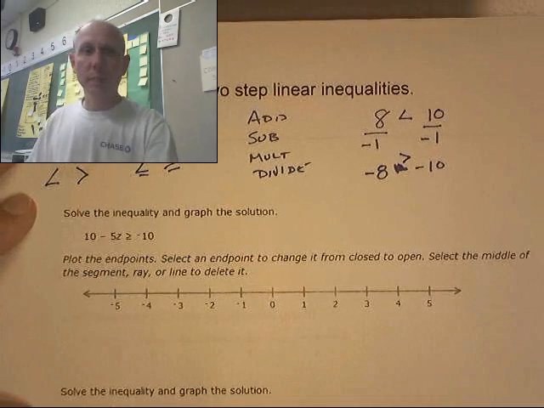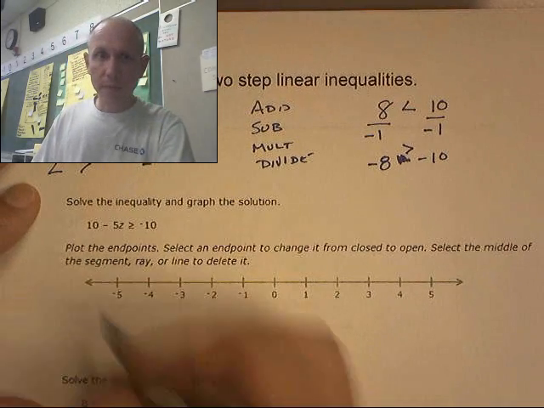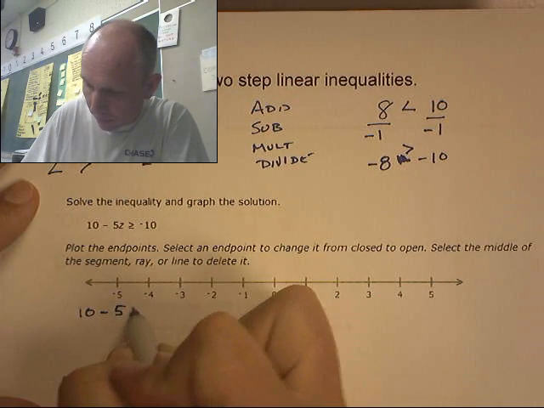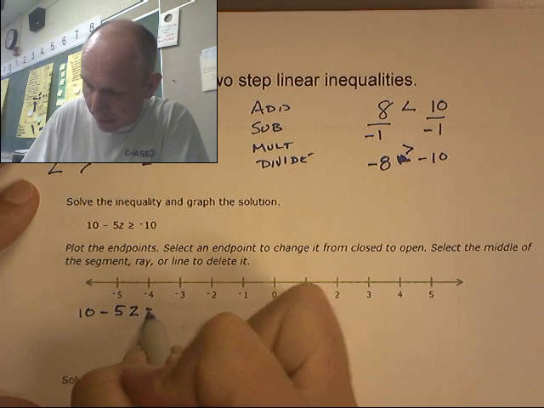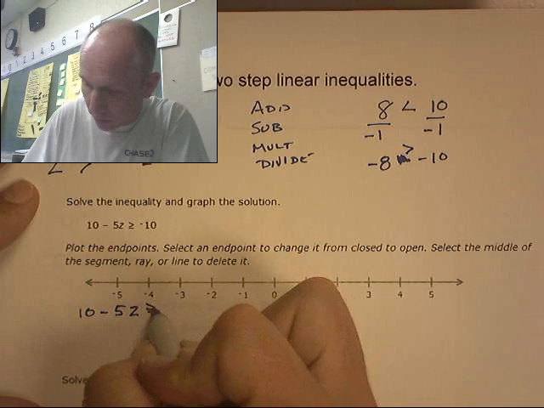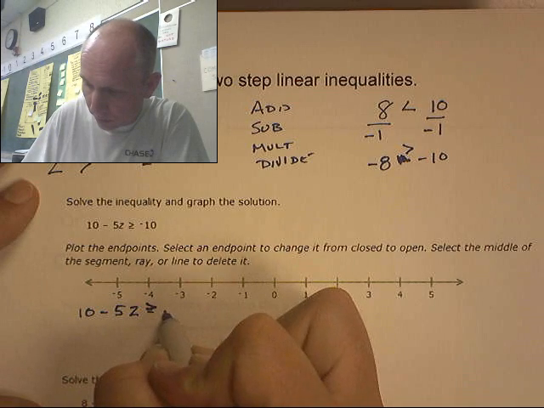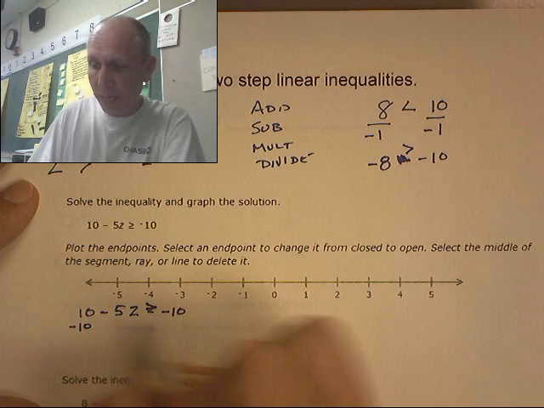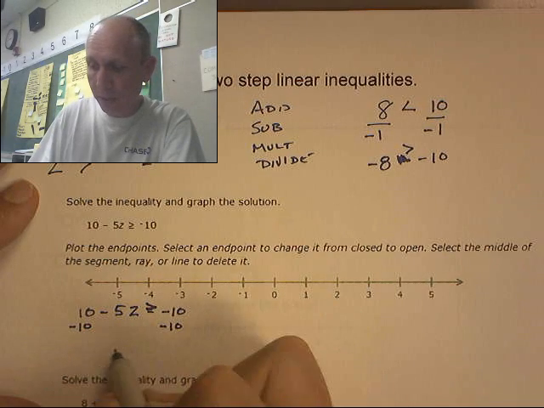Here's our first one. I have 10 minus 5z is greater than or equal to negative 10. I'm going to start by subtracting 10 from both sides.